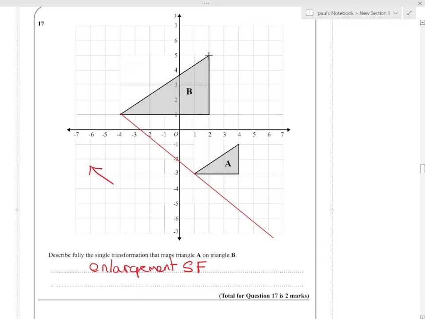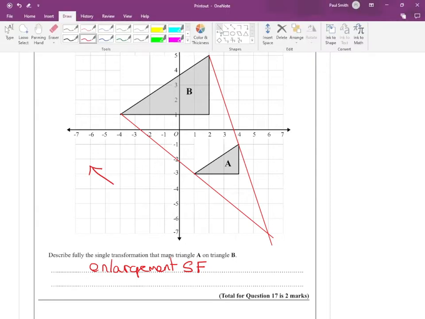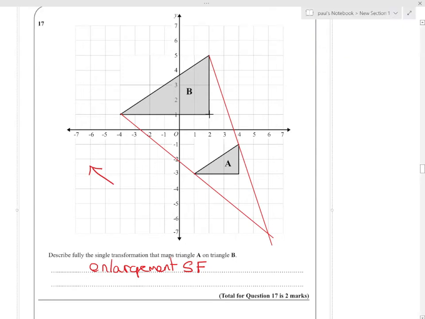Join up this corner. Oh, look at that. They meet. We do the other corner, the bottom right, middle, whatever it is. That one. Go through there. And, yeah. So where that is, is the centre.